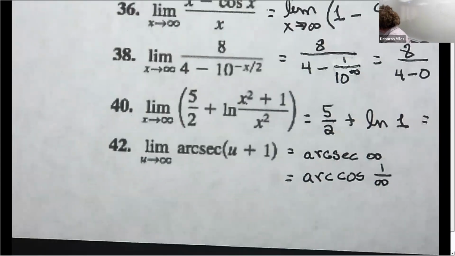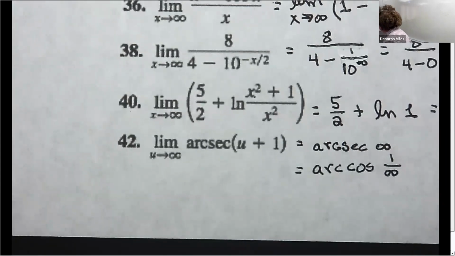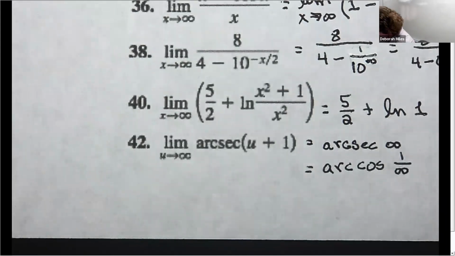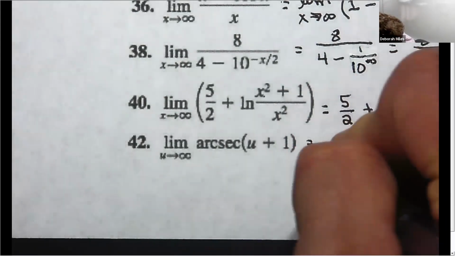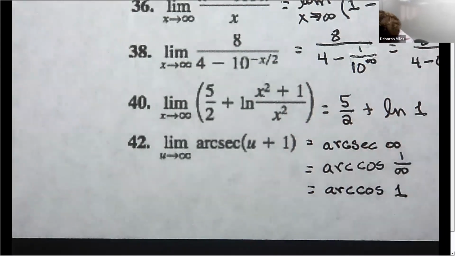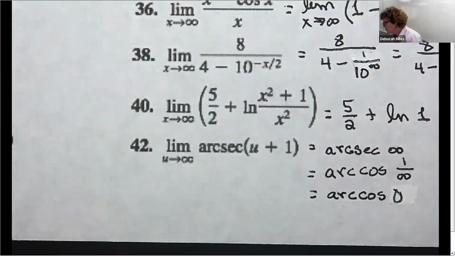Not 1 over arc cosine, it's 1 over infinity. 1 divided by infinity is 0. Oh, that's arc cosine of 0. And that's the angle whose cosine is 0, the angle whose x is 0.